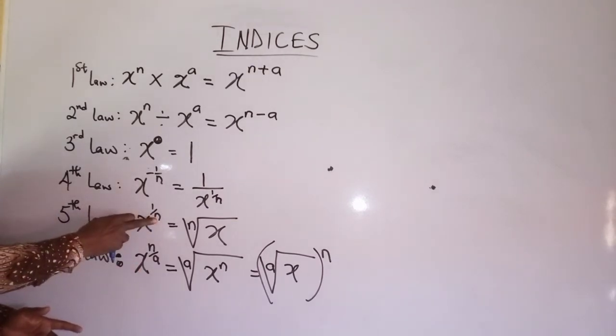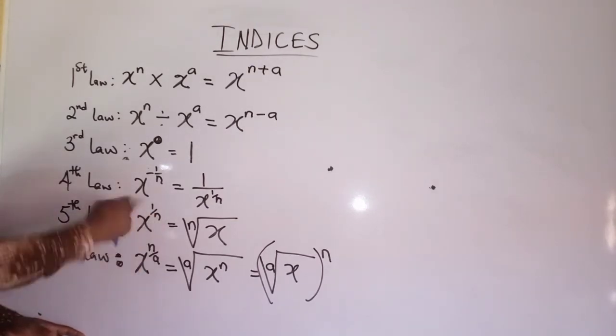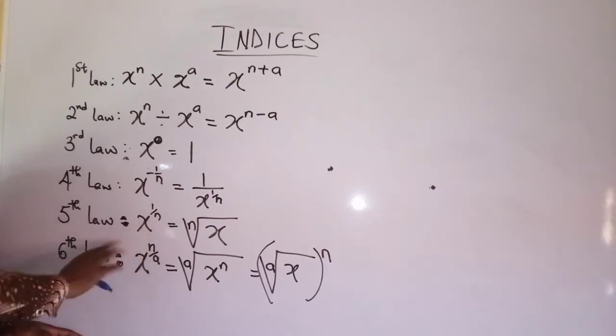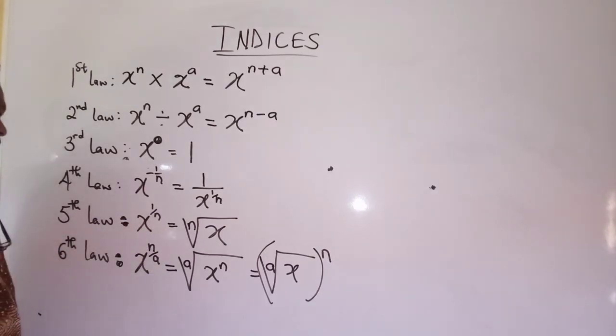Don't worry if I have n here, I can reverse it to be a over n, still going to follow the same rule.